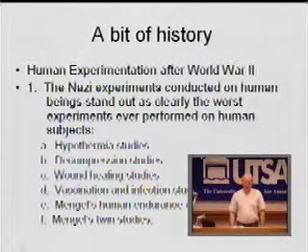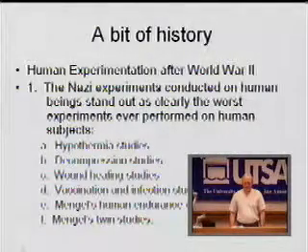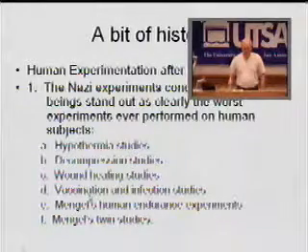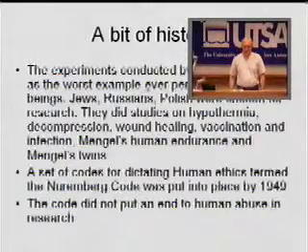So the Nazi experiments conducted on human beings stand out as clearly the worst experiments ever performed on human subjects. The hypothermia studies, decompression, wound healing, vaccination, and infection studies, Mengele's human endurance experiments, and his twin studies.